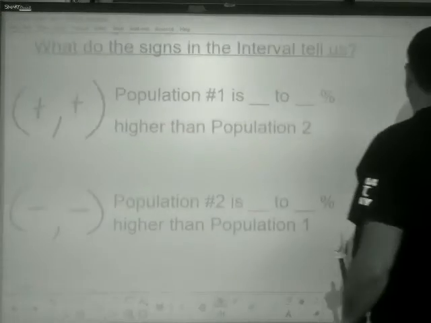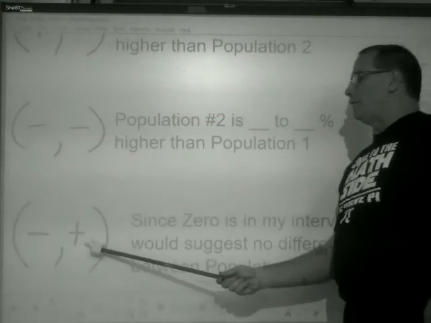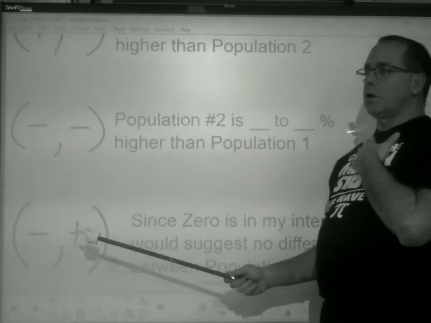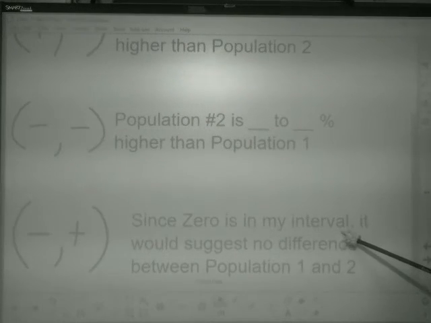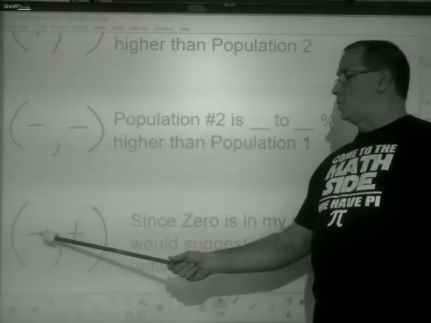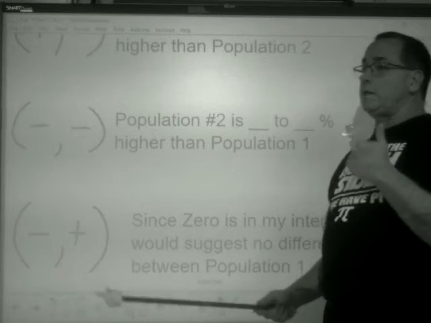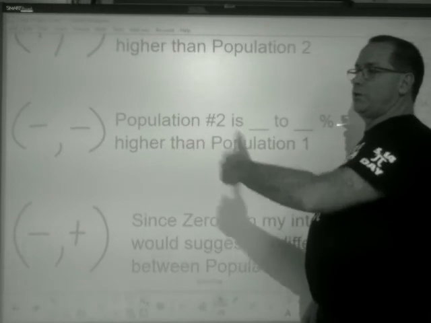Now, if there's a negative and a positive, there's a variety of things that you could say. But what we're going to say is just purely, since 0 is in my interval. What do I mean by that? Well, if I said it goes from like -2 to +5, well, anything that spans from negatives to positive always includes the number 0.